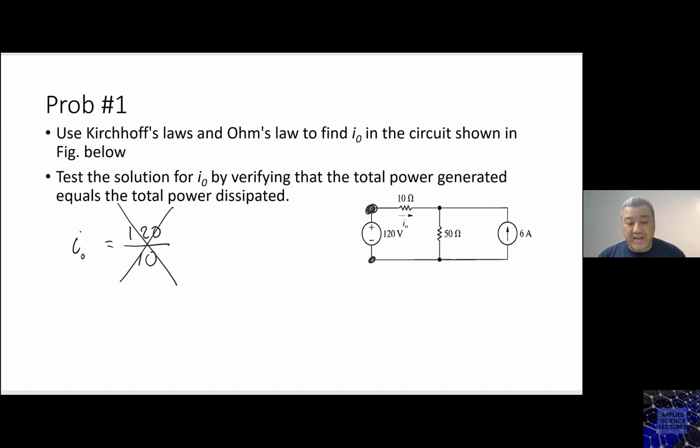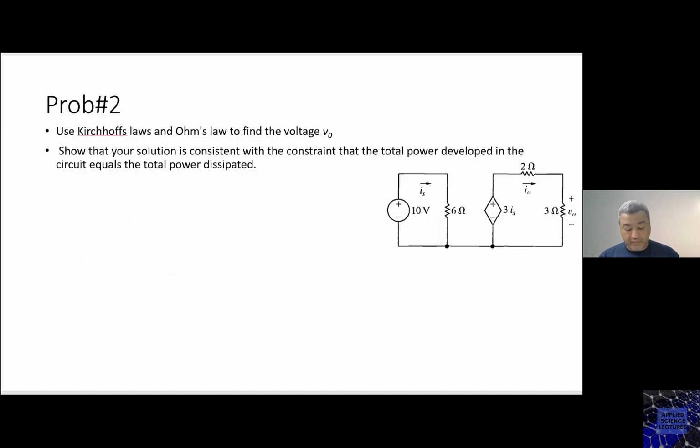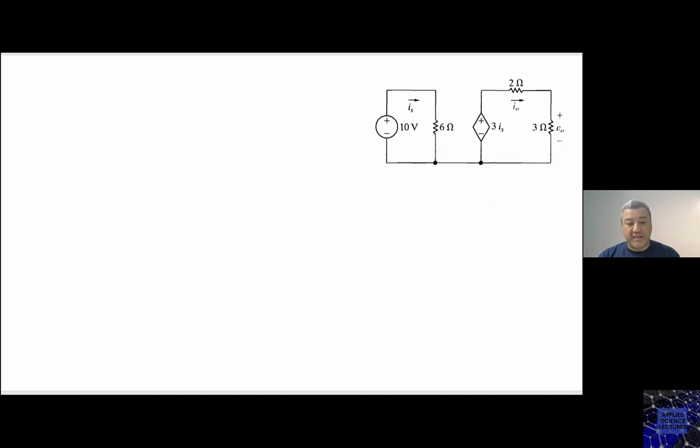So I cannot say that I naught is 120 divided by 10. Here, yes, I can say IS equals 10 divided by 6, because this 10 is across the 6. Then I can find this current going into the 6.